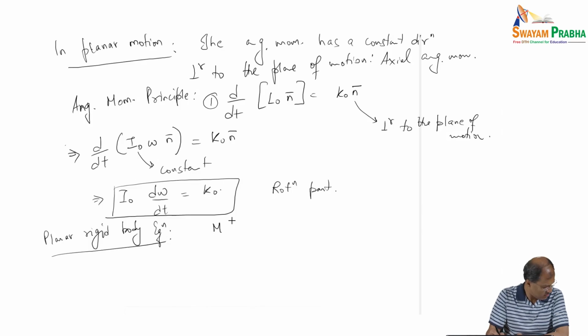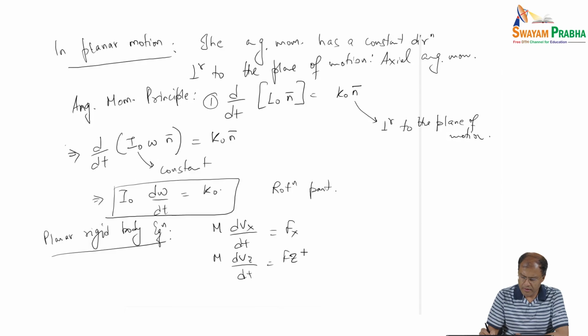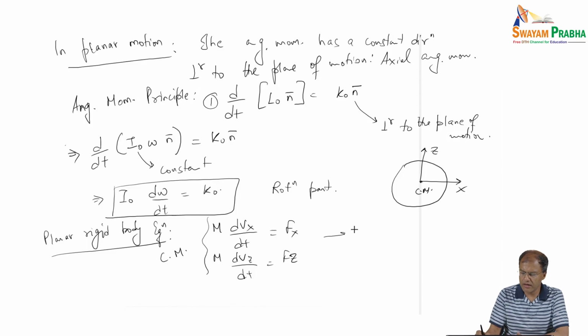And we see that this is m dv_x/dt equals F_x, and m dv_z/dt, which is F_z, right? We have the x direction and the z direction, and we are talking about the center of mass here. So these are my center of mass equations, or the equations governing the translational motion.